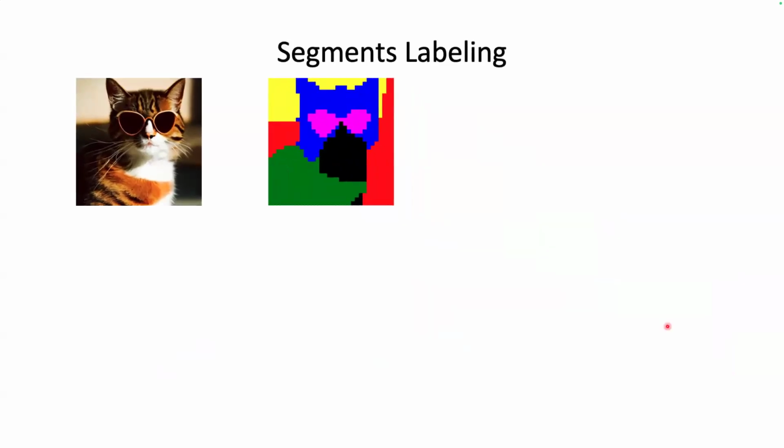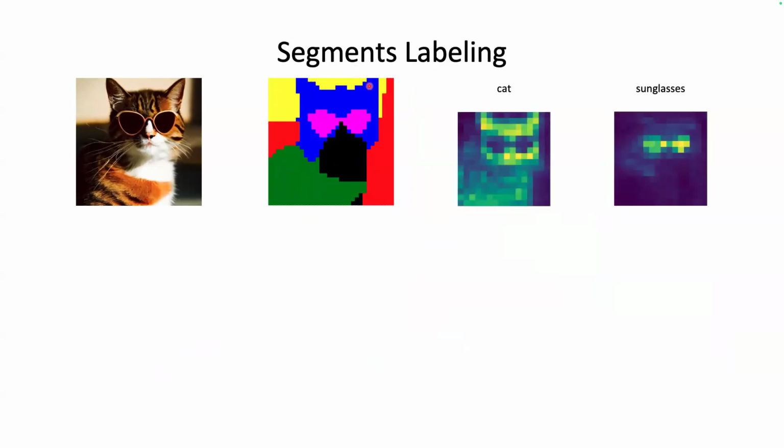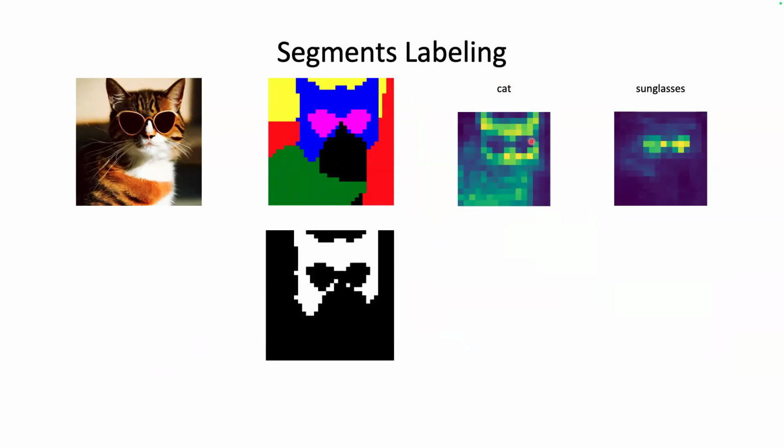Another thing that we can do, again for free by just using the attention layers, is to label the segments. How can we label the segments? If the prompt is a cat wearing sunglasses, we can take each of the textual tokens and look at the cross attention map. For example, this is the cross attention map for the word cat, and this is the cross attention map for the word glasses.